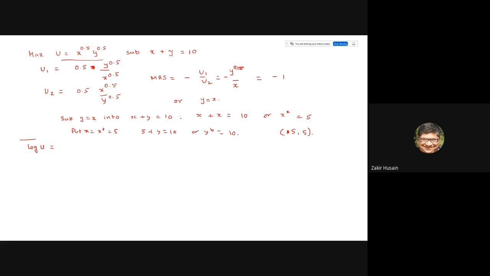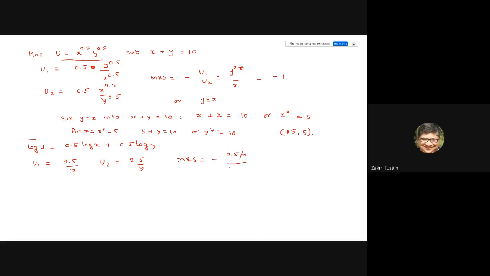Let's do it step by step. 0.5 log x plus 0.5 log y. আচ্ছা তাহলে u1 কি হবে? 0.5 by x. u2 is 0.5 by y. MRS is minus u1 by u2. So it will be minus y by x.